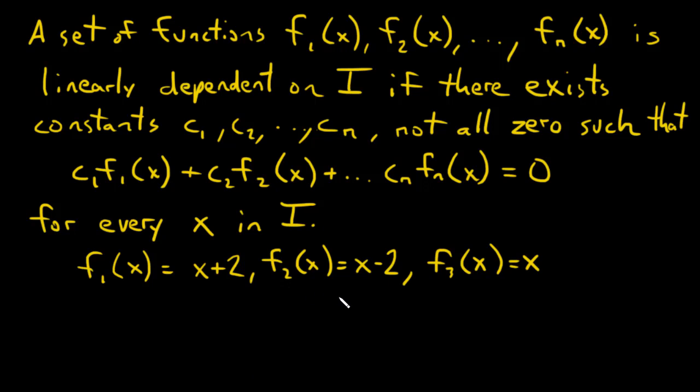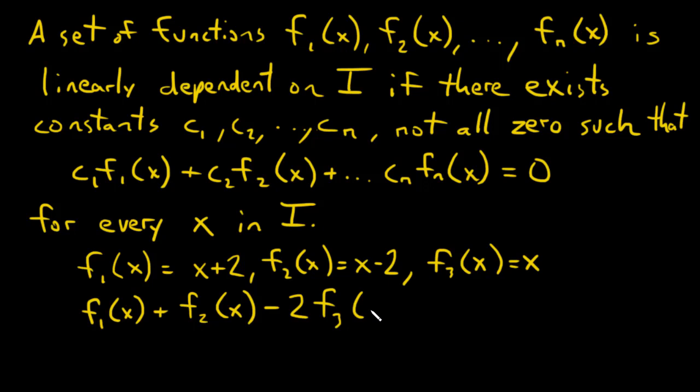Okay? Now, if I do F1 of x plus F2 of x minus 2 times F3 of x, I'm going to get a 0. X plus 2 plus x minus 2 is just going to be 2x. And then minus 2 times x, minus 2x, equals 0. So that means that these functions are linearly dependent. Okay?